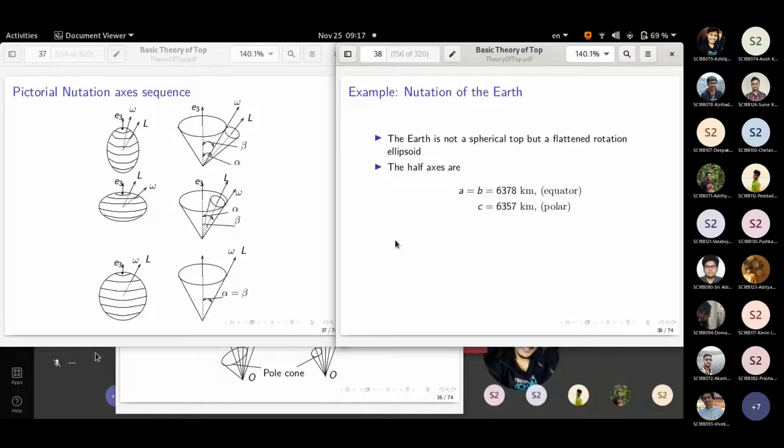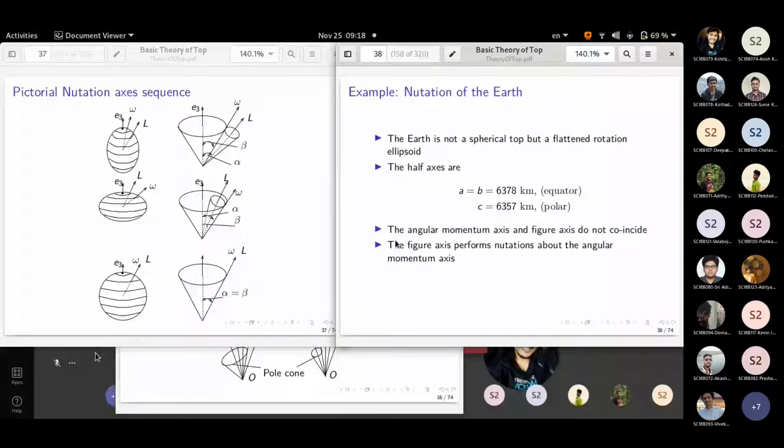There is a small difference. It's not very large, but this gives rise to some nutation frequency. The angular momentum axis and figure axis will not coincide. The figure axis will perform some kind of nutations about the angular momentum axis.